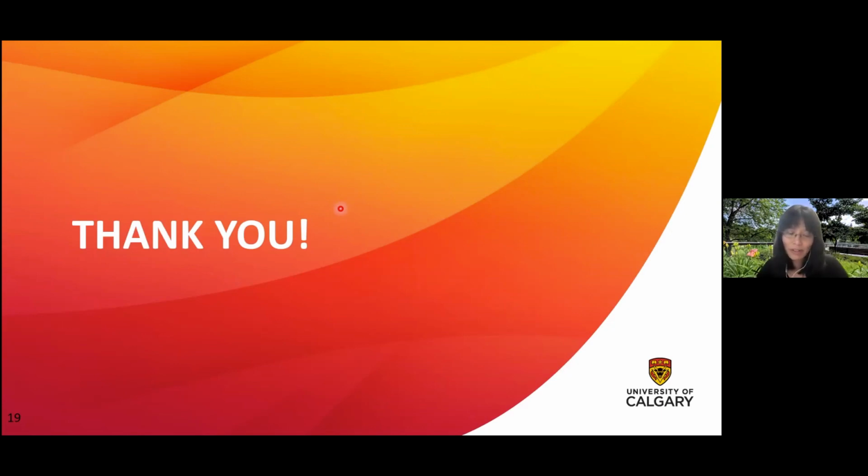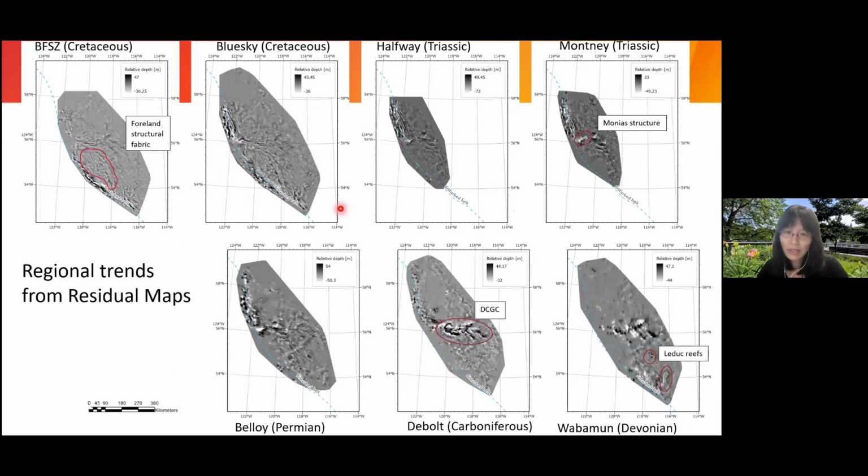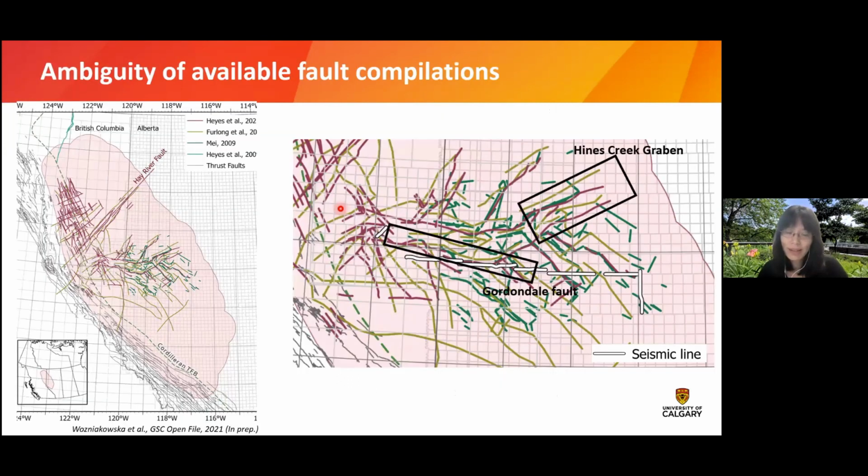I wonder if you tried to correlate the seismicity with these regional structures identified from your TSA and the corridor categorization, and see if those events were more locally related to, for example, hydraulic fracturing, or more representing the active regional fault displacement.